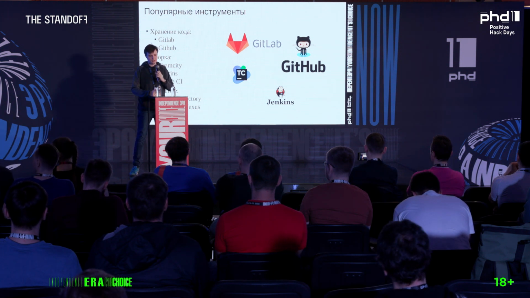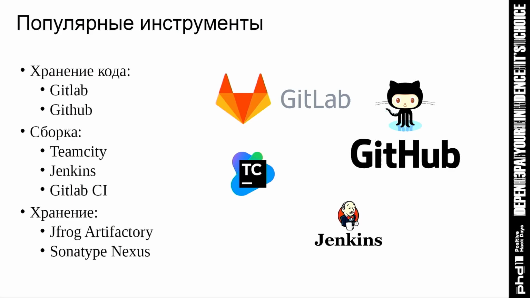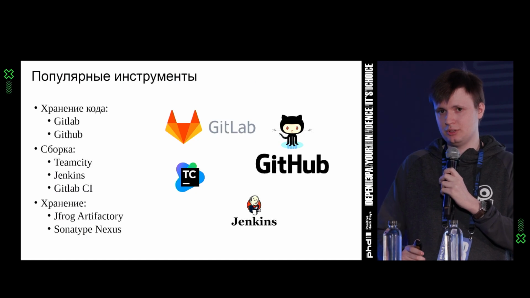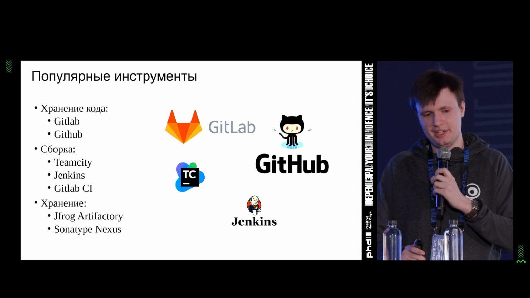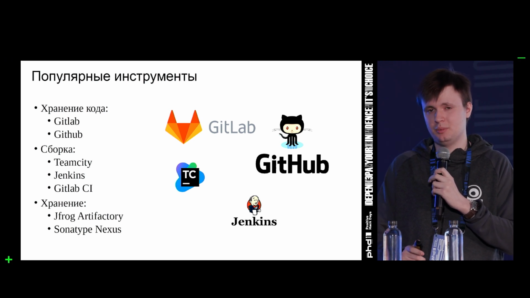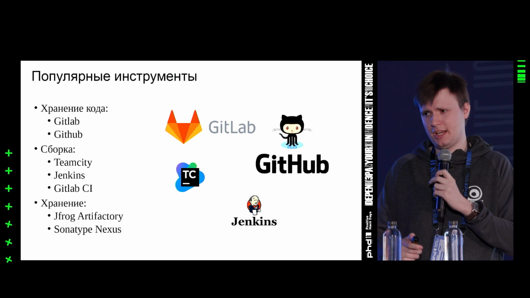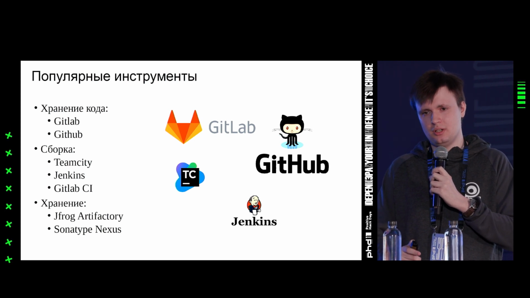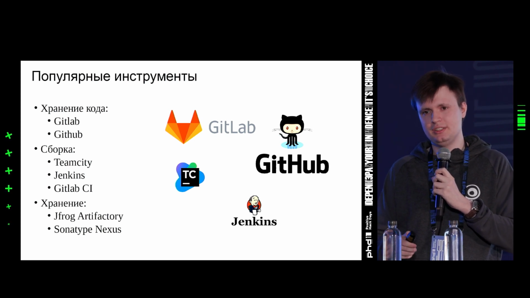Here you can see the popular tools, the ones used to store the code, GitHub, GitLab. For the build, GitLab CI is integrated into GitLab, and this way you can easily tune your build process.